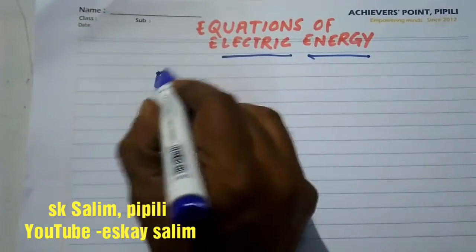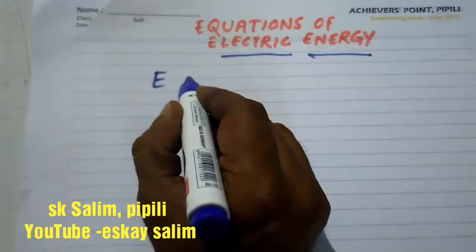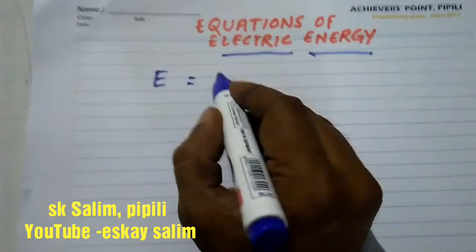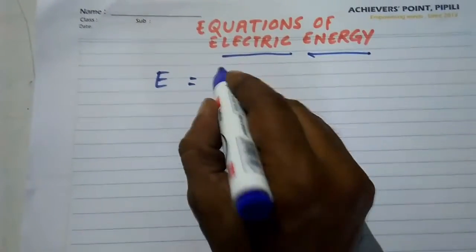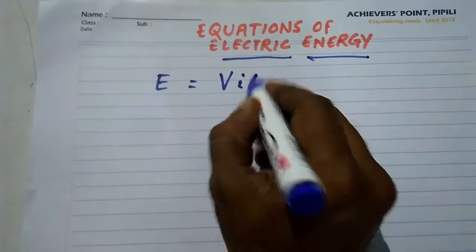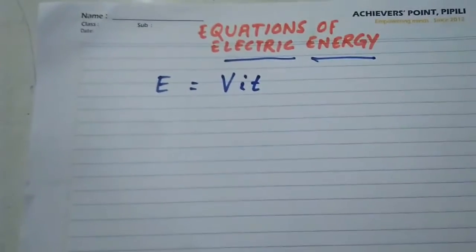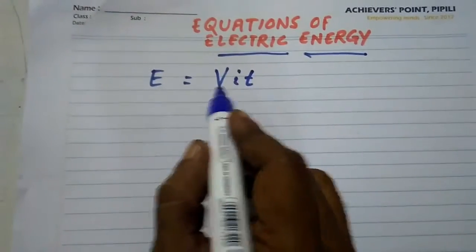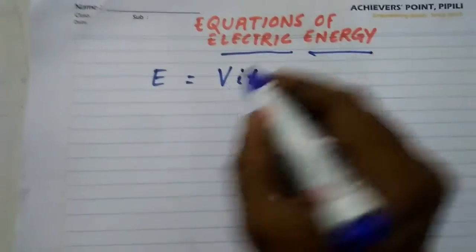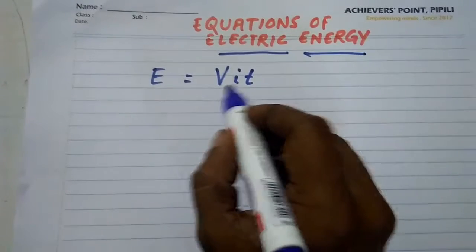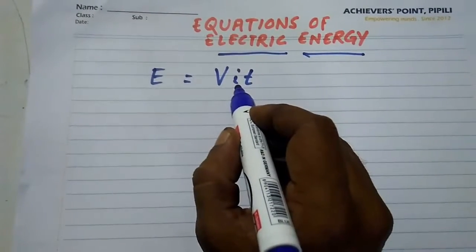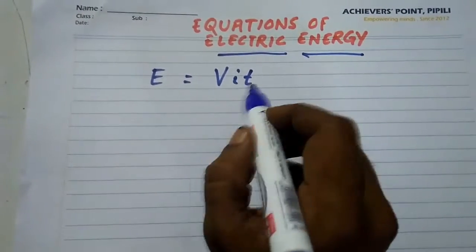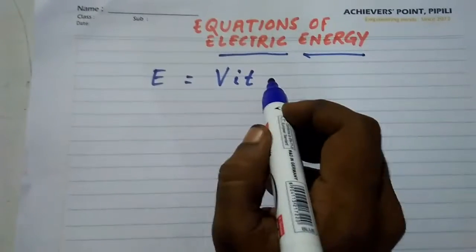The first equation, we know that electric energy E equals VIT, where V is the potential difference, I is the current, and T is the time for which the current flows in the circuit.